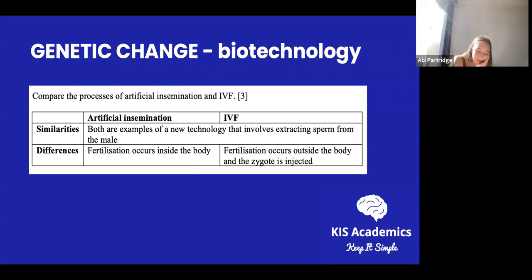So it's asking for a compare again. I've used a table with the similarities and the differences. I think it'd probably be better to have at least one more similarity or difference.